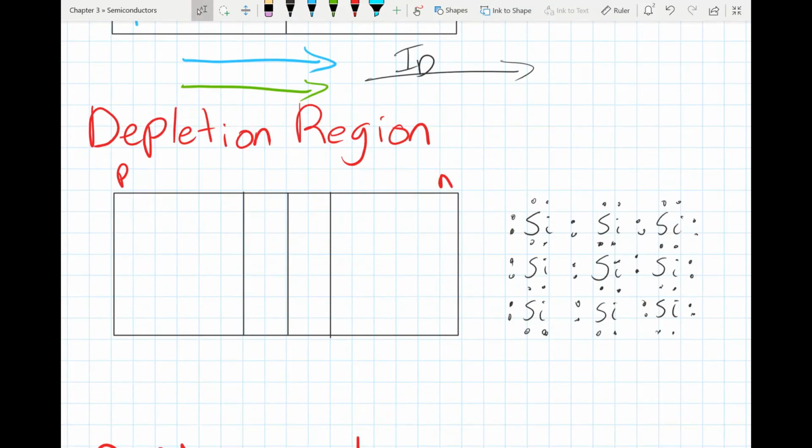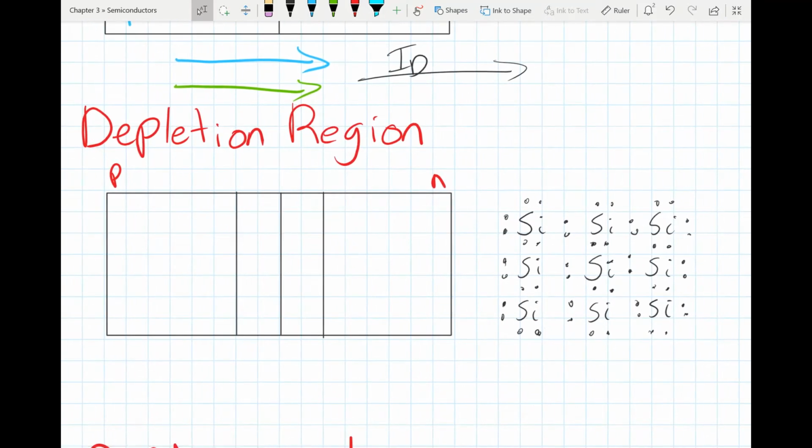So that's important. Now, what's the depletion region? First, let's remember what happens when a hole is diffusing to the other side, and the n side is doped with phosphorus. Let's look at the image on the right.